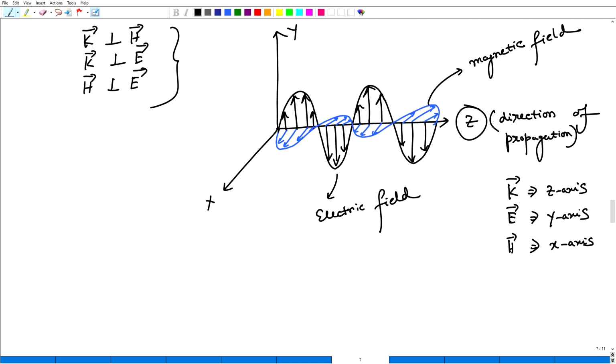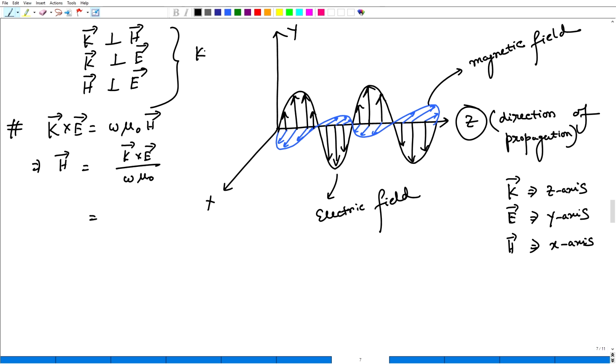Okay. One more thing we have to discuss here. Considering the equation k cross E equals omega mu naught, this was the equation. From here we can write omega mu naught, and also k is kappa times n cap.